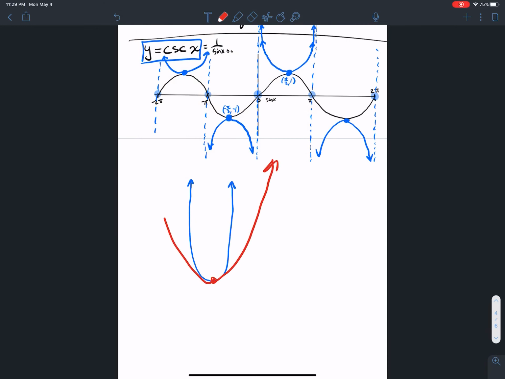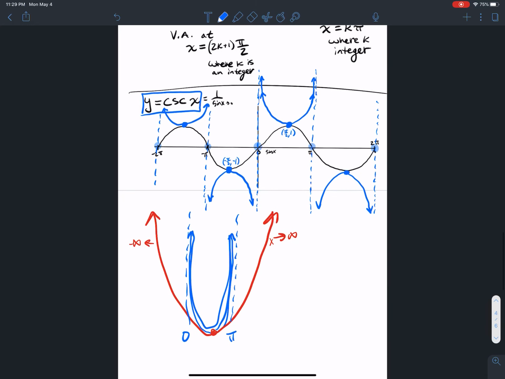Eventually that parabola goes as far to infinity this way as it goes to negative infinity that way. Whereas with the cosecant, your x is stuck between 0 and pi here. So that's a very different curve than a parabola. Be careful, don't say you're going to put a parabola here. Those aren't technically the same curves.